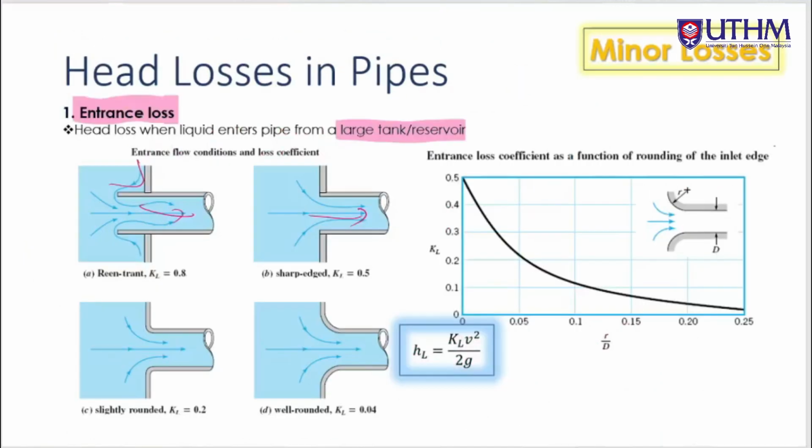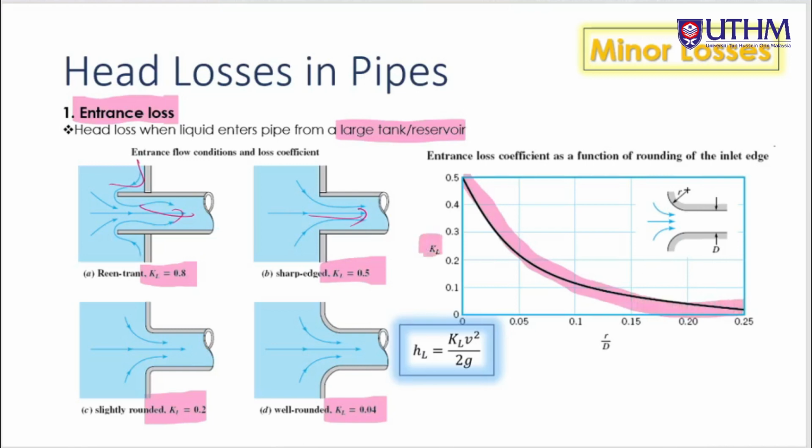the loss coefficient, depends on the shape of the entrance. If it has a re-entrant, the value is a bit higher, and if there is more radius where the flow moves into the pipe, the value of the loss coefficient reduces. If we refer to this picture it is easier.